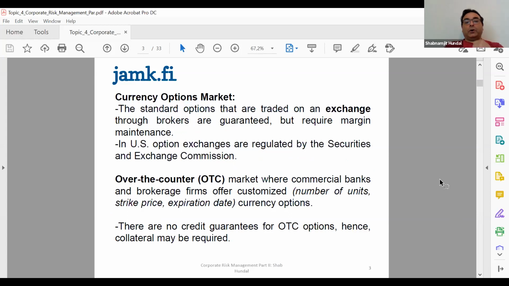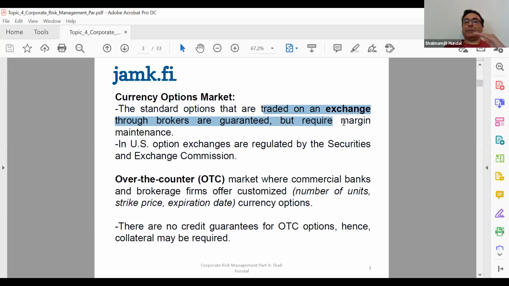The currency options have a common feature of forwards and the futures. If you look at the first paragraph, the standard option is traded on exchange. So there is some kind of option exchange, like we had the future exchange.